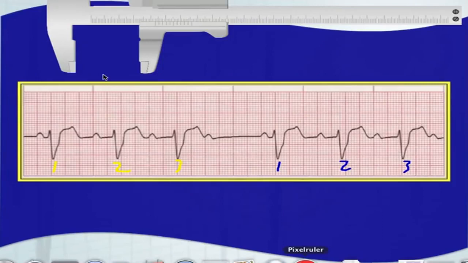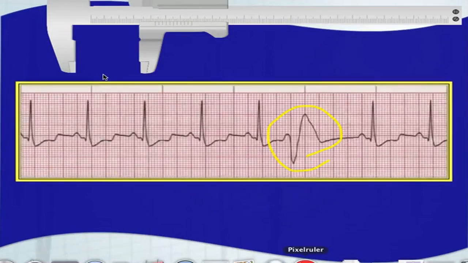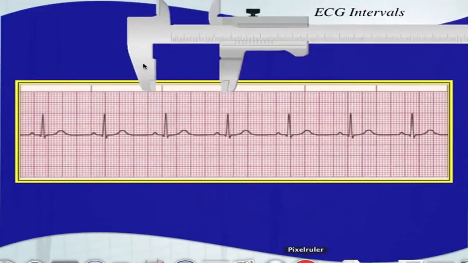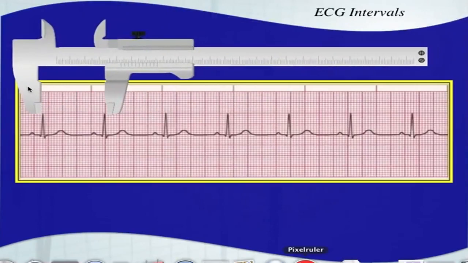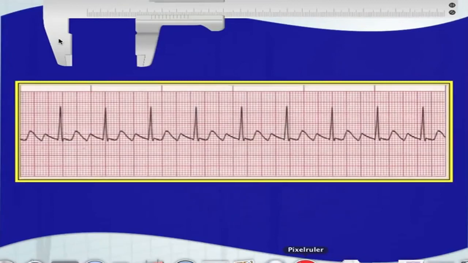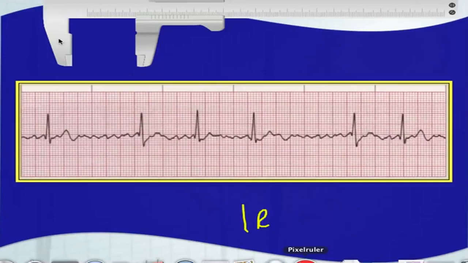So going back here to the first one again, I just kind of want to go over them again. Okay, so this first one here again is regularly regular because all of these match up. The next one we also said was regularly regular, which is normal. Then we have one that was irregularly irregular.